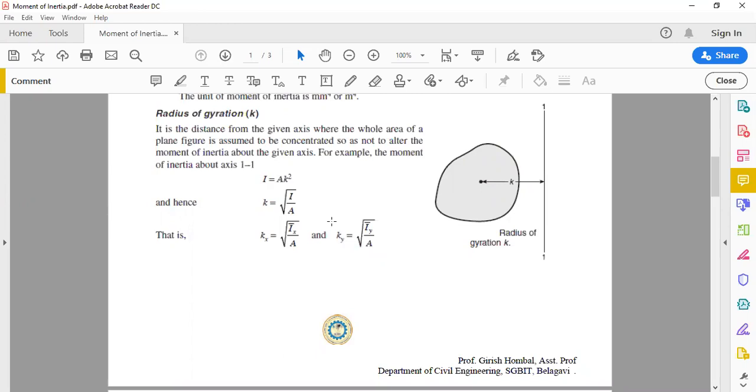So basically these formulas are used while solving the problem.